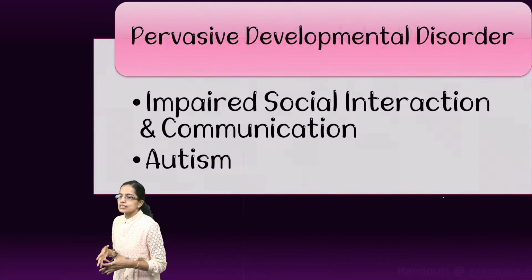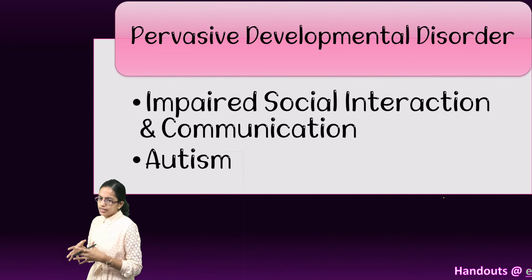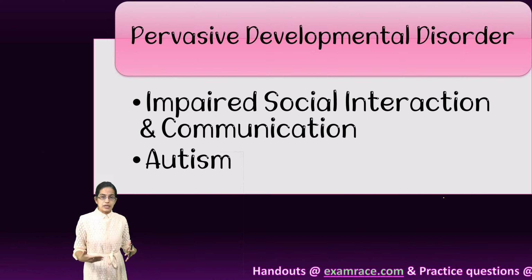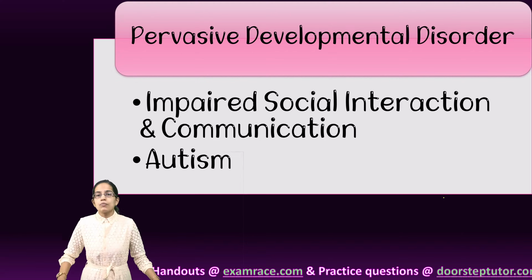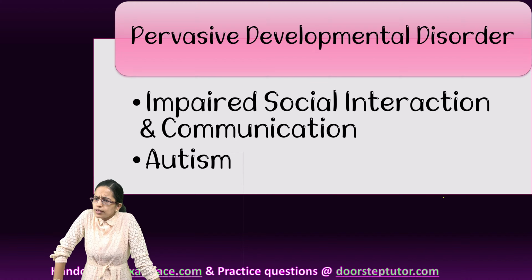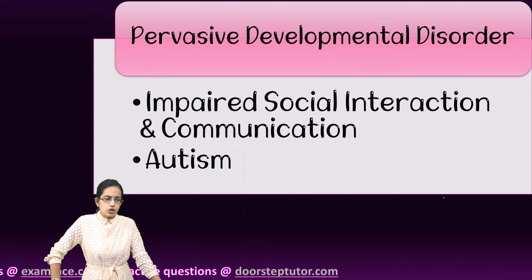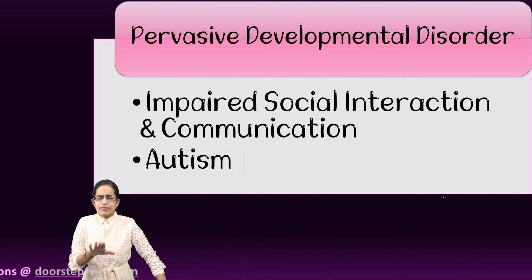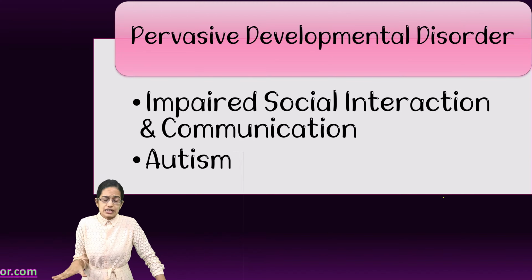The next is pervasive developmental disorders. Here, communication with the social space is hampered. Autism or autistic disorders are a common form of pervasive developmental disorders. We have seen that 70% of the children with autism can be classified as mentally retarded.